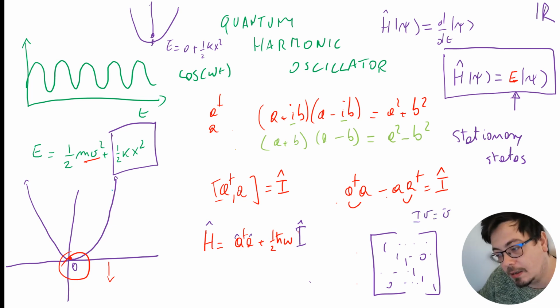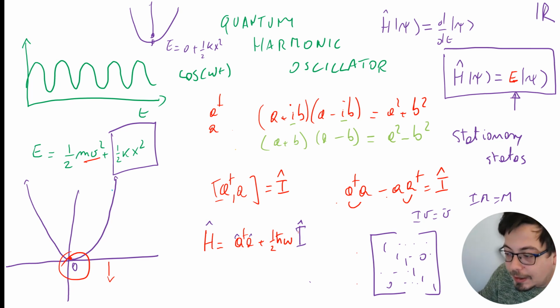So the identity does exactly the multiplication on a vector: identity times v, you get v. It's exactly like the number 1. If you do 1 times 3, it is 3, 1 times pi is pi, and the same happens with the operator. You have an operator that does nothing.